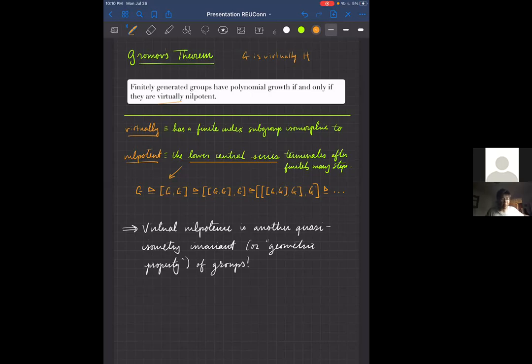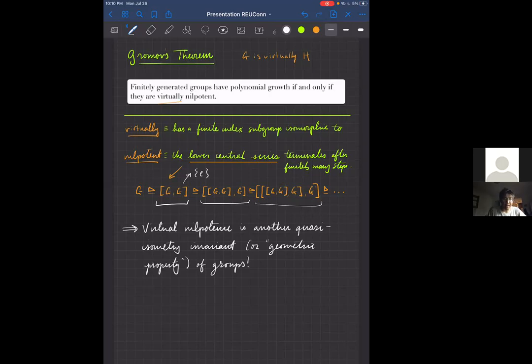So what it means is that if we iteratively take commutators of commutators, so if you look at this first step, this is the commutator, and then we take the commutator of that with G, then we take the commutator of that again with G. This series eventually terminates, meaning that eventually we get something that looks like the identity. Of course, for an abelian group, it terminates immediately because the commutator of G looks like the identity in that case. So it's sort of a generalization of abelianism.